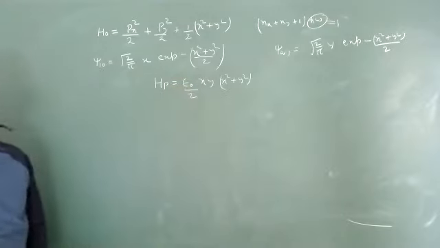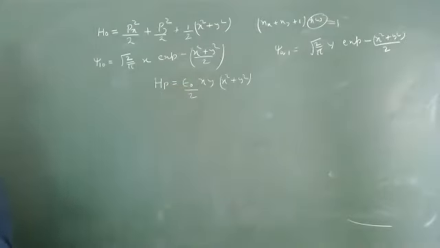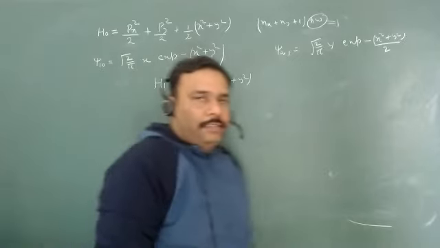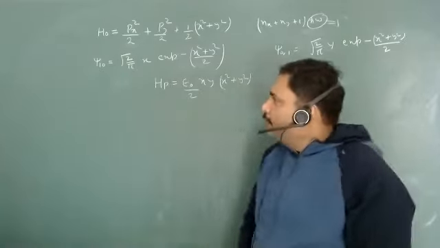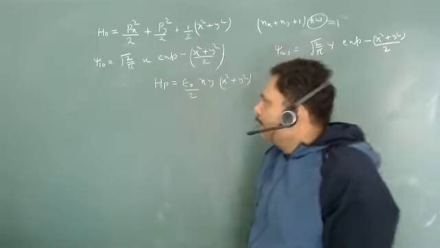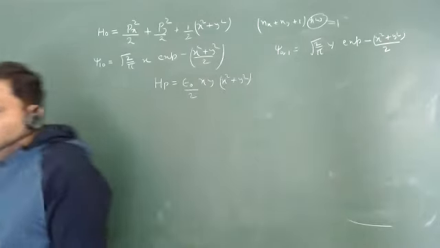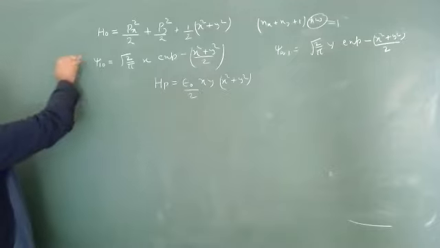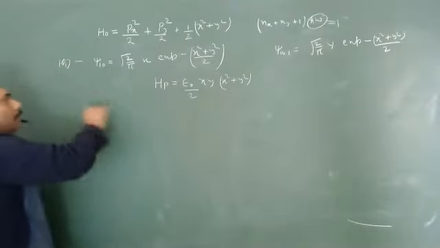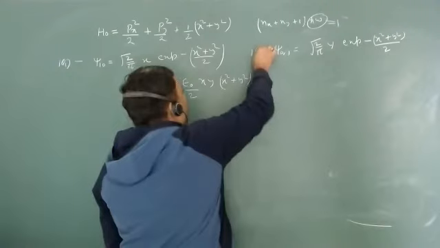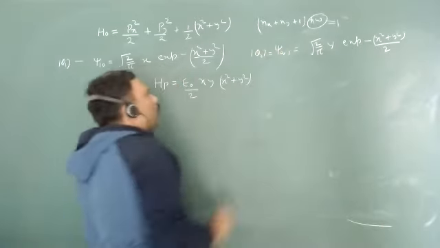Yes, this is my HP. We have to just go for the first order correction due to this HP. I can assume this is my phi 1 and this is my phi 2, just for the notation.